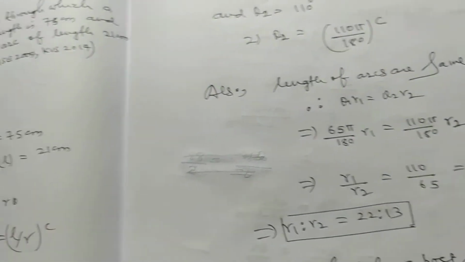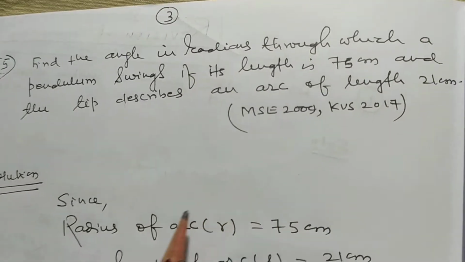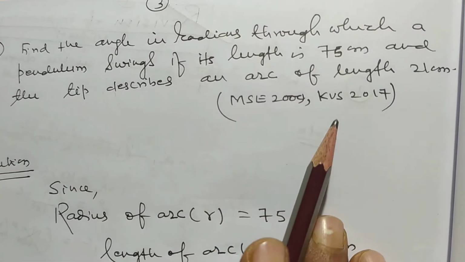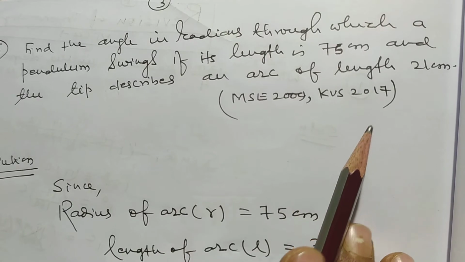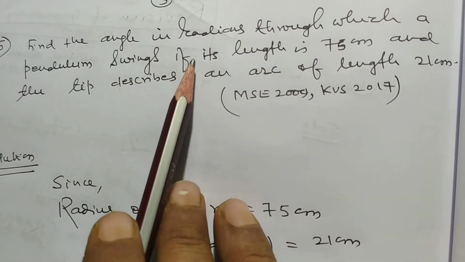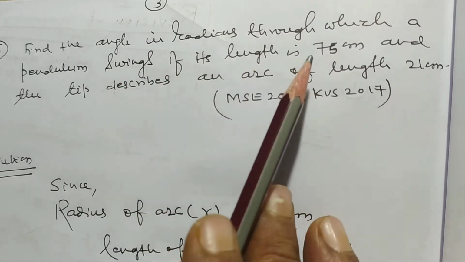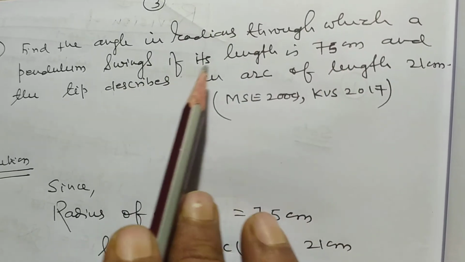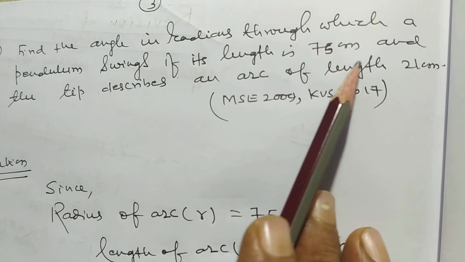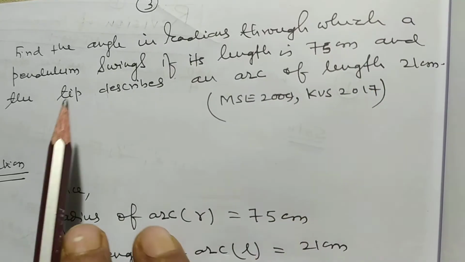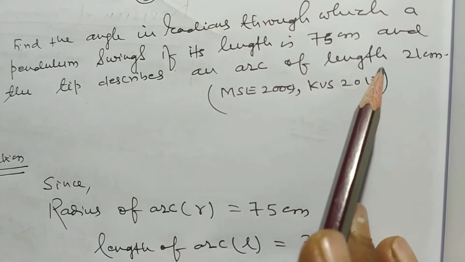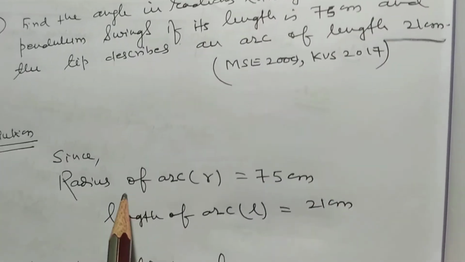My dear students, now I want to discuss the next problem. This problem was also asked in KVS 2017. Find the angle in radians through which a pendulum swings if the length is 75 centimeter and the tip describes an arc of length 21 centimeter.